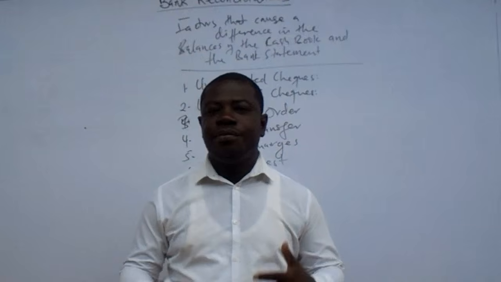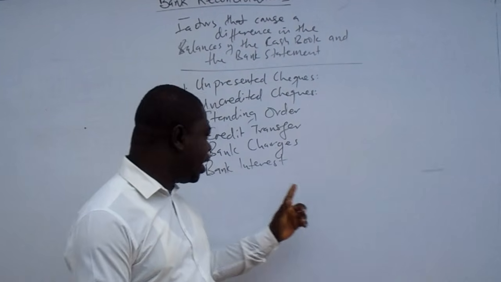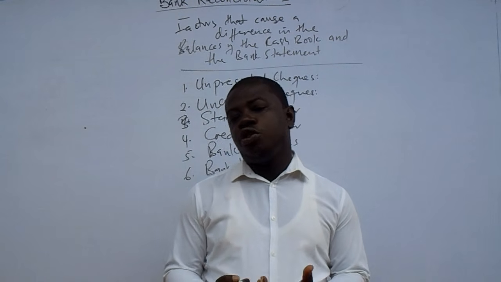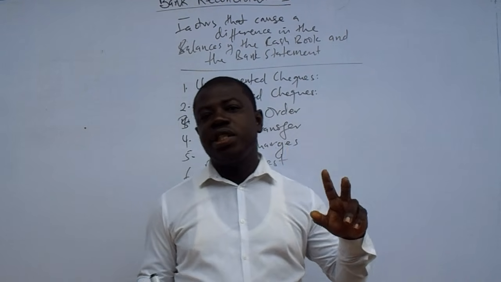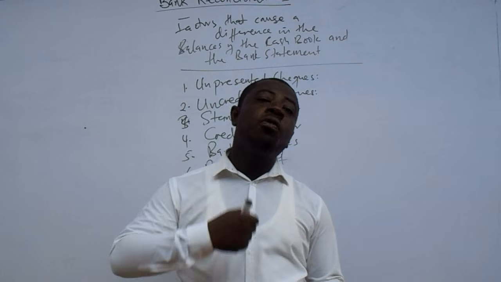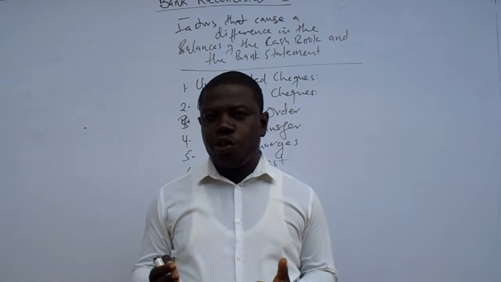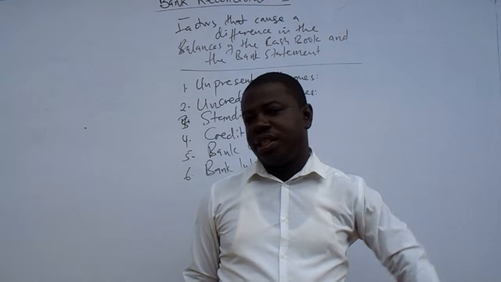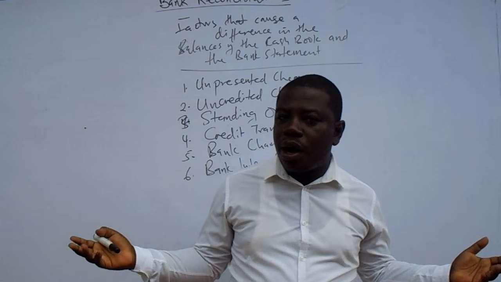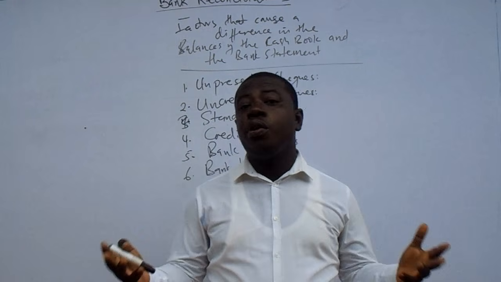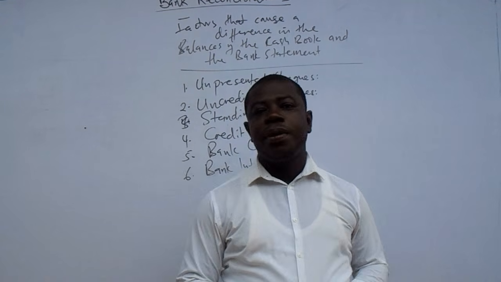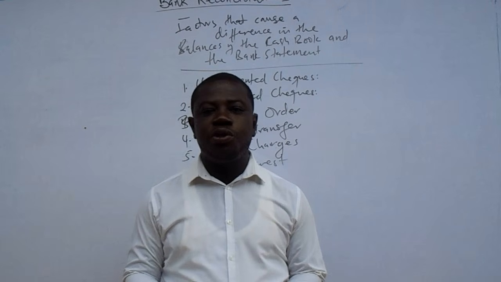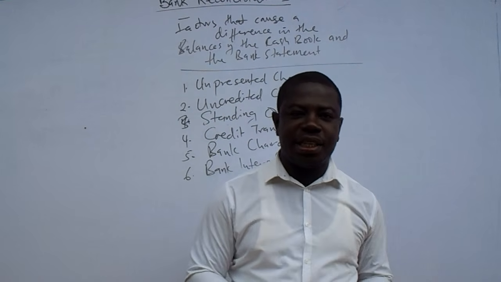The next thing that I want to talk about is bank interest. Now, bank interest is also like the bank charges. Mostly it's the opposite, because the bank can also pay you interest on your account, which will be a plus to you. And so they will credit your account with an interest when you were not aware of the amount. When you were not aware of the amount that they credited, you will not be able to debit your cash book. And so there will be a difference between the cash book balance and the bank statement balance.